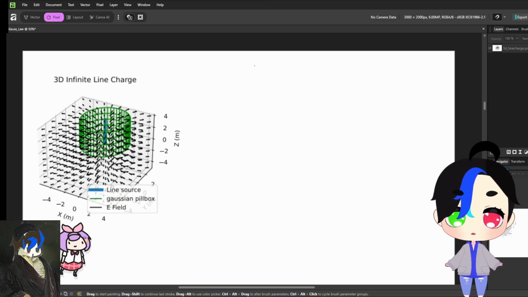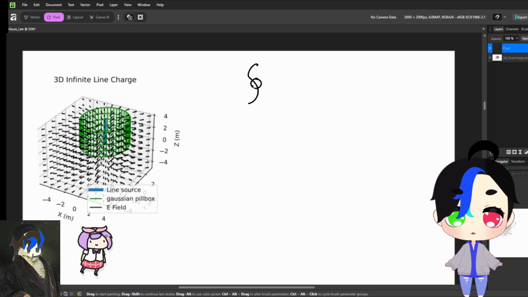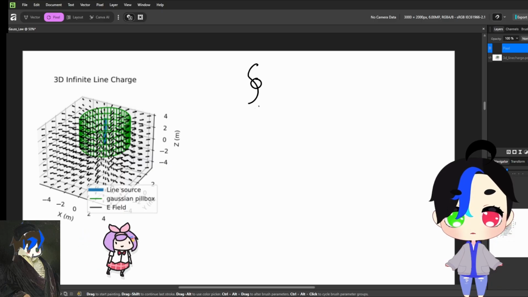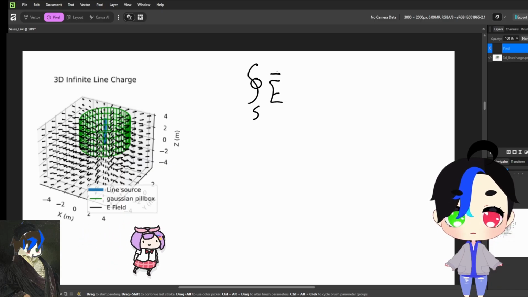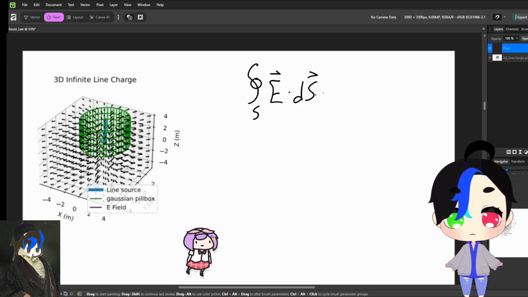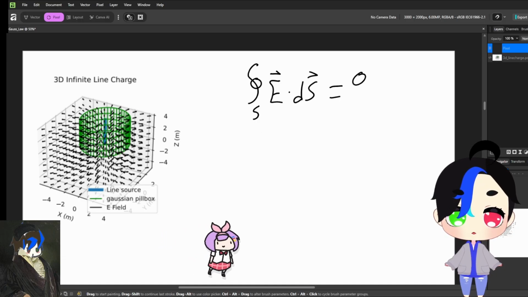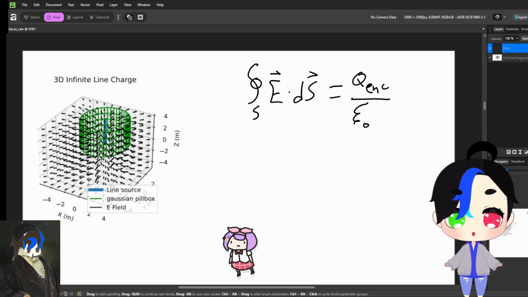So this time I'm going to use this circle to represent a closed surface. So the closed surface integral of E dot dS is equal to the amount of charge enclosed by your surface over epsilon naught.